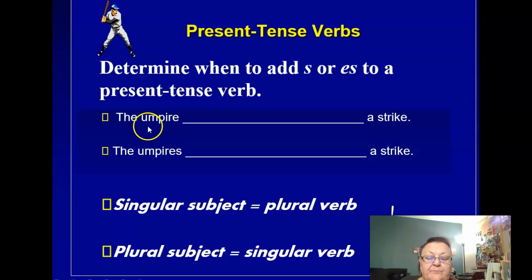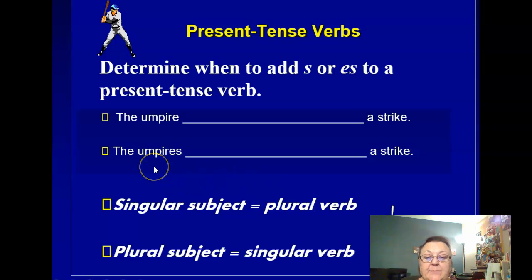For example, the umpire blanks a strike. So umpire is singular or plural? Good job, singular. So that means our verb is going to need to be a plural verb. So we would say the umpire calls, C-A-L-L-S, a strike.